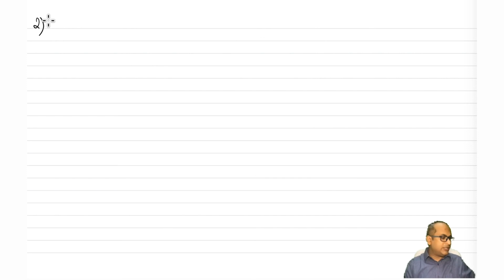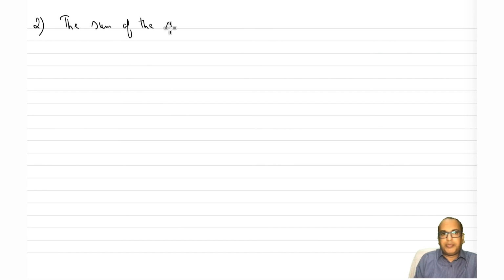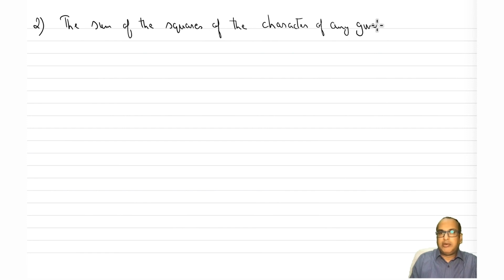The second property says the sum of the squares of the characters of any given IR representation is equal to h.